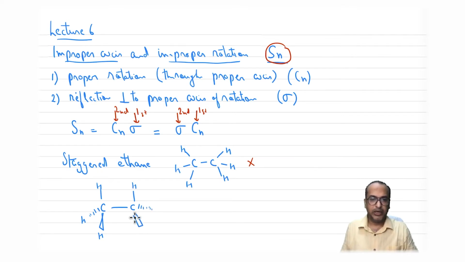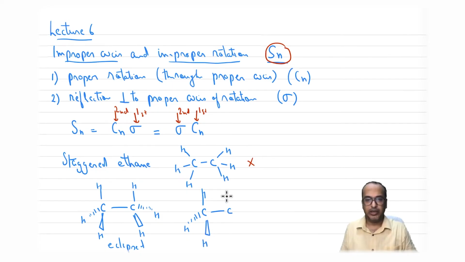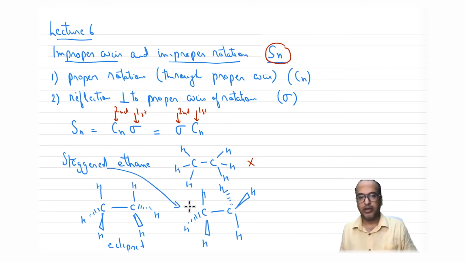This one would actually be the eclipsed ethane. If you want to draw the staggered one, you can draw H, H, H like this. So this will be the staggered ethane.